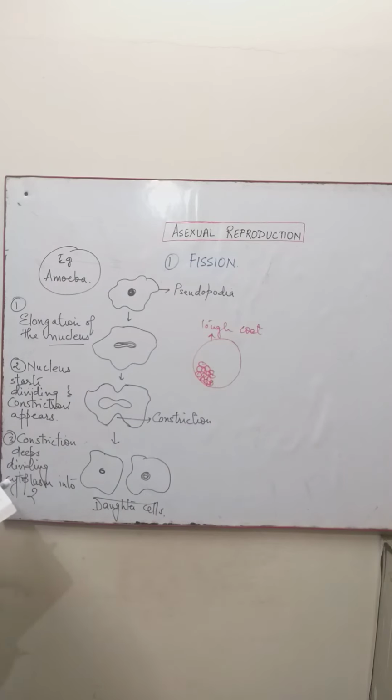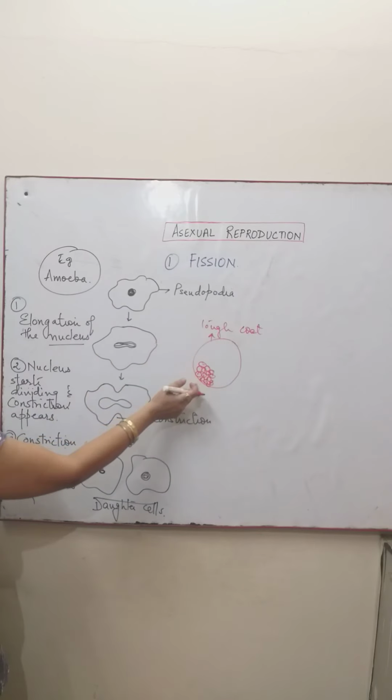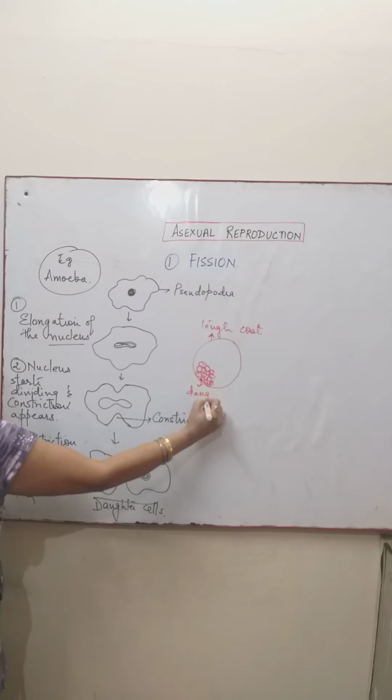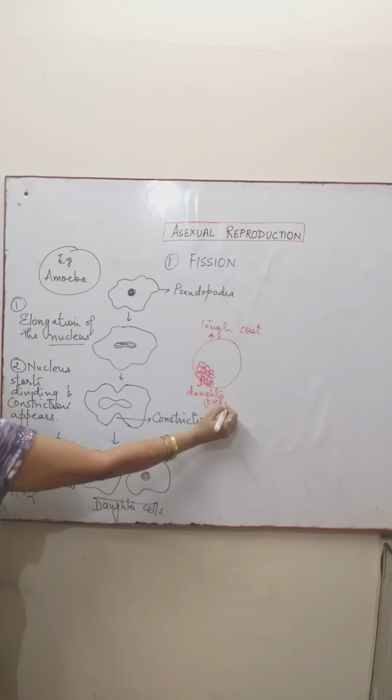These are the daughter cells, and when favorable conditions appear, the tough coat breaks, releasing all the organisms.